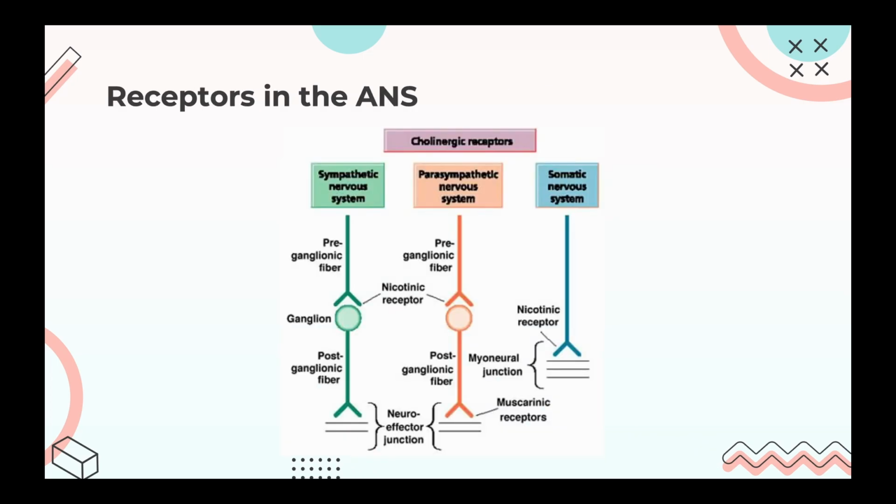So then we have a couple of receptors. As I mentioned, there's the preganglionic and postganglionic fibers, of which the preganglionic is myelinated and the postganglionic is unmyelinated. What's important is that there are certain receptors, because neurotransmitters are released at these nerve ends. Typically speaking, this is acetylcholine.